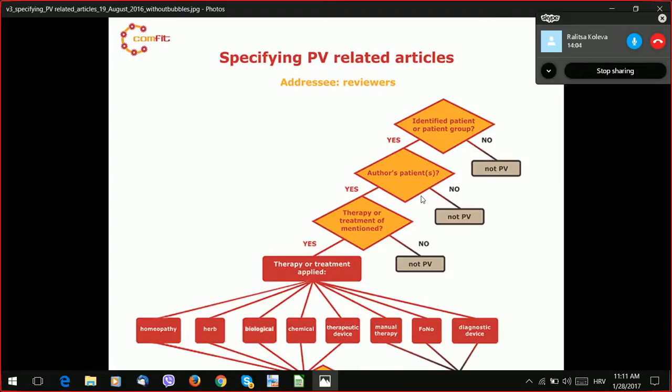And if you identify the author-patient relationship as an existing one, then you move on to the third criteria in our flowchart, which is therapy or treatment mentioned. Here you need to check whether a therapy or a treatment has been applied to the patient or group of patients discussed in the article, and you have to identify what type of therapy or treatment that was.